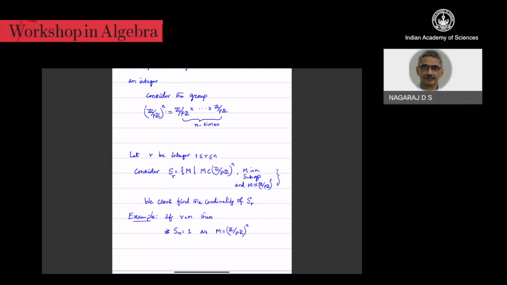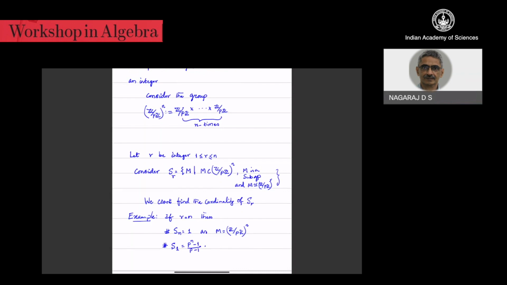Okay. So, what is the cardinality of S_1? The cardinality of this is P power n minus 1 by P minus 1.